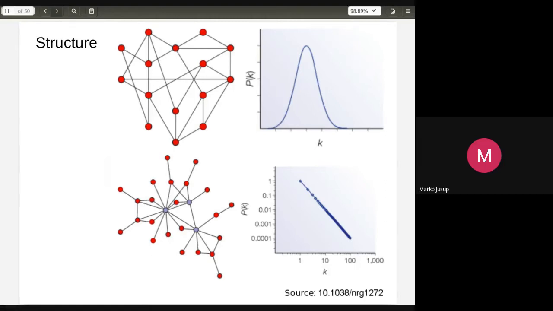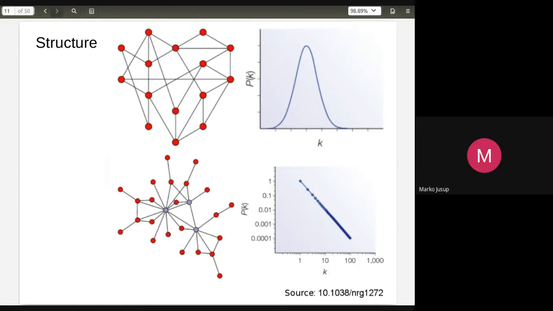In statistical physics, people like to find distributions of something, and with networks in particular, an important concept was node degree: for any node we select, we can number the connections to other nodes, and that number of connections is called the node degree.